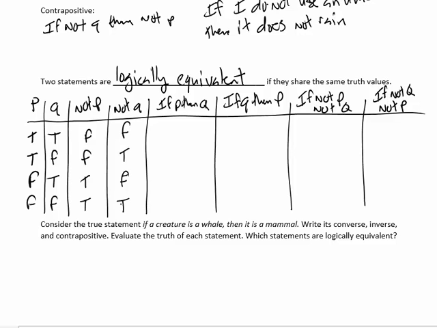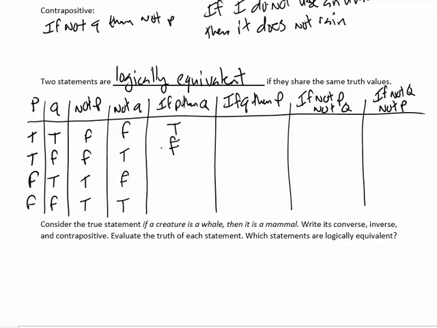All right, and then we can just jump in and start looking at if P then Q, which matches what we did earlier. In other words, is Q true based on information P gives us? If P is true and Q is true, that's a true statement. If P is true and Q is false, then if P then Q would be false.